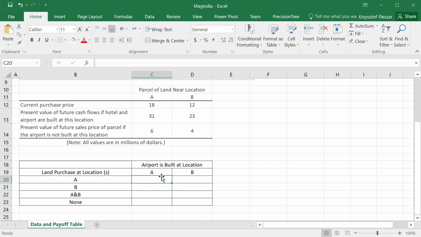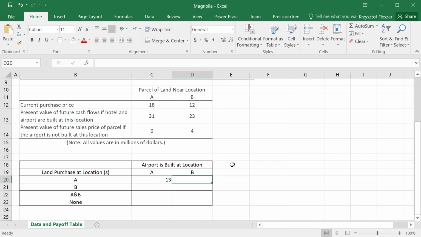I hope you see that we will get 31 million, because this is the right location, minus 18 million of cost that we currently incur. So we will get 13 million.